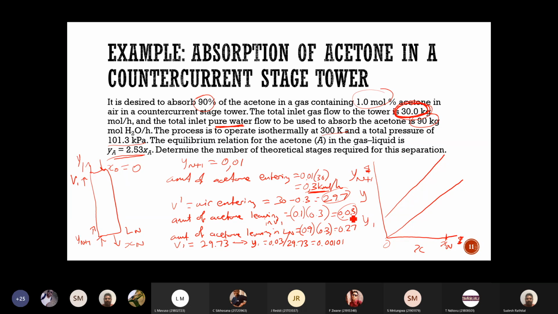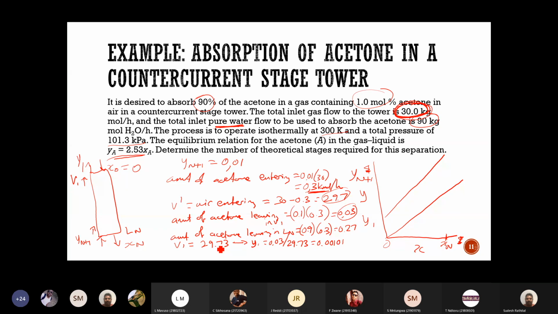The total number of moles coming out is acetone, 0.03, plus the inert air that's coming out, 29.7. If I add the two, I get 29.73.